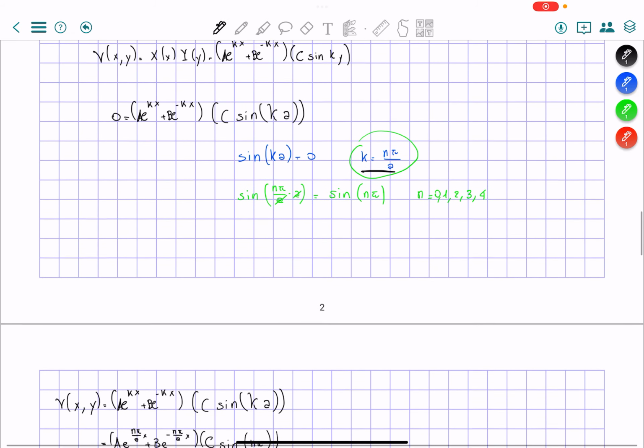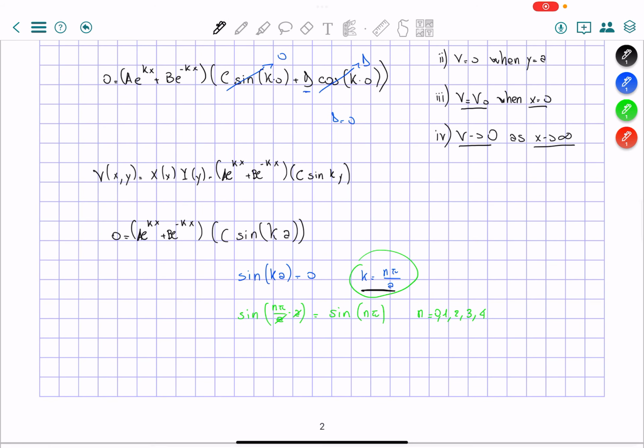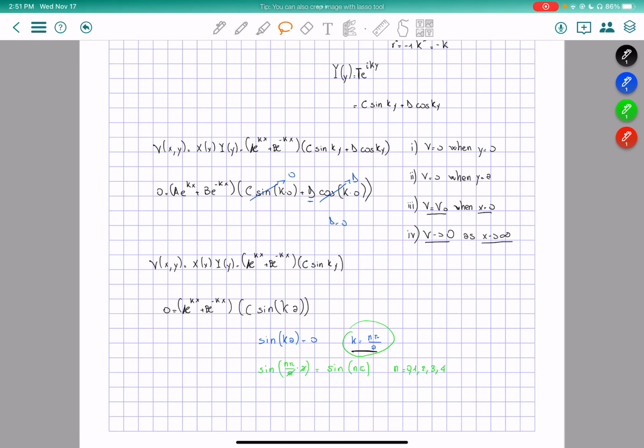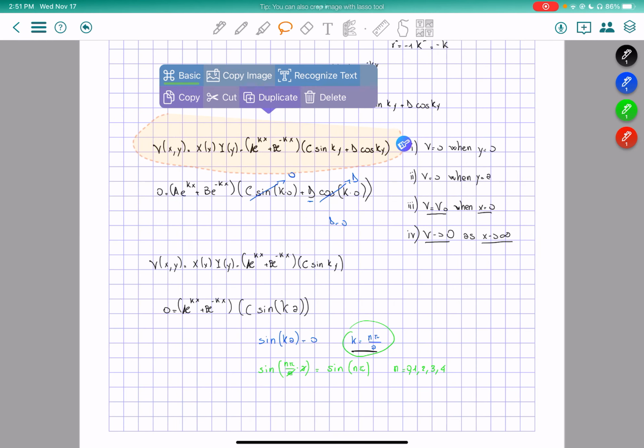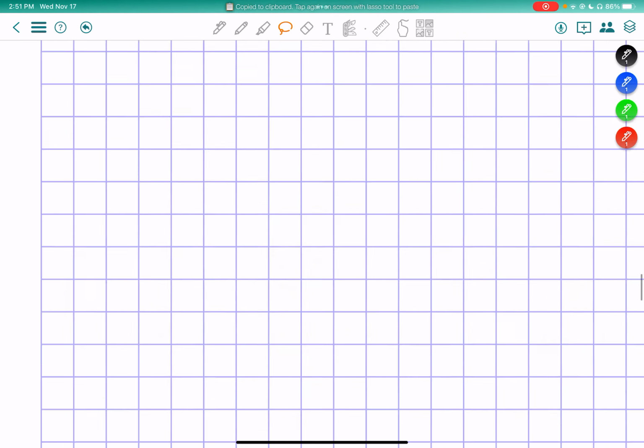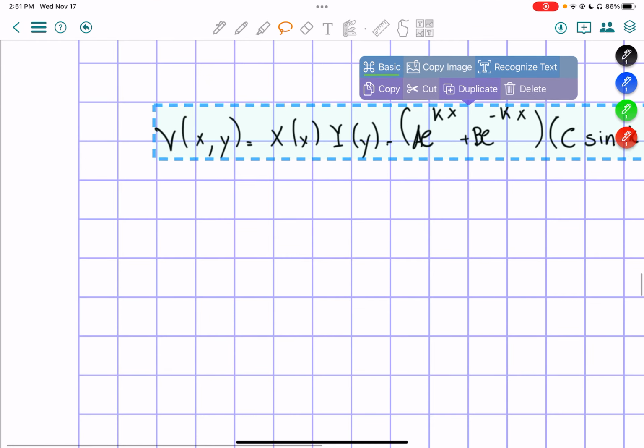We also know that k is equal to n pi over a, and we also know that d is equal to 0. So let's go back and copy our initial solution, paste it over here, and write it as the final solution.